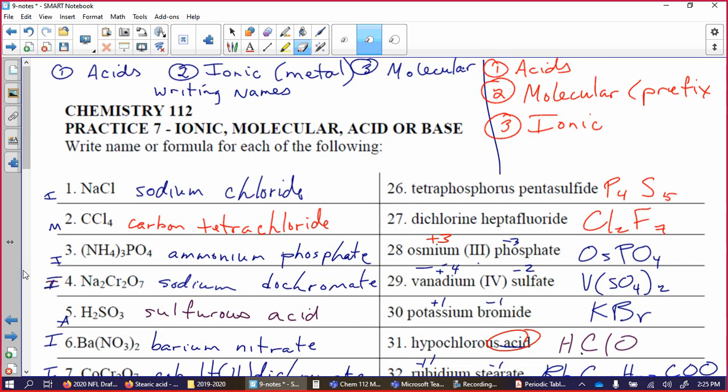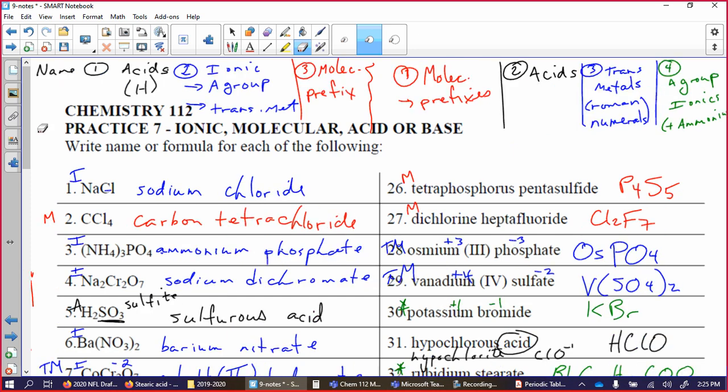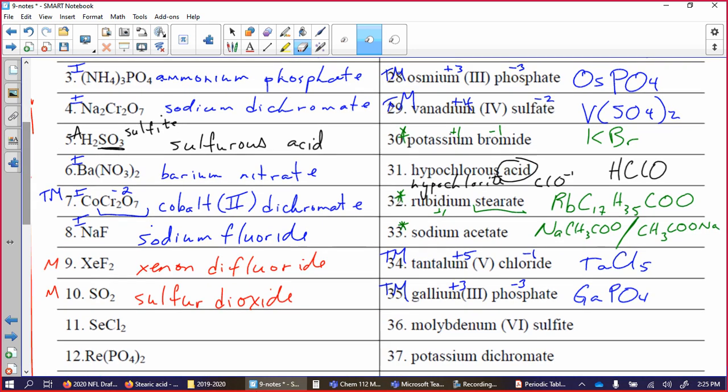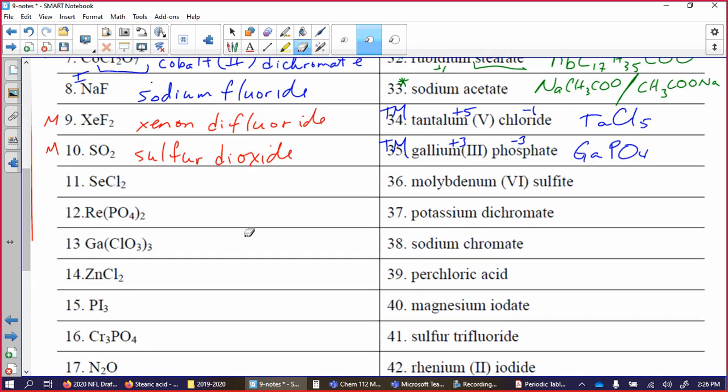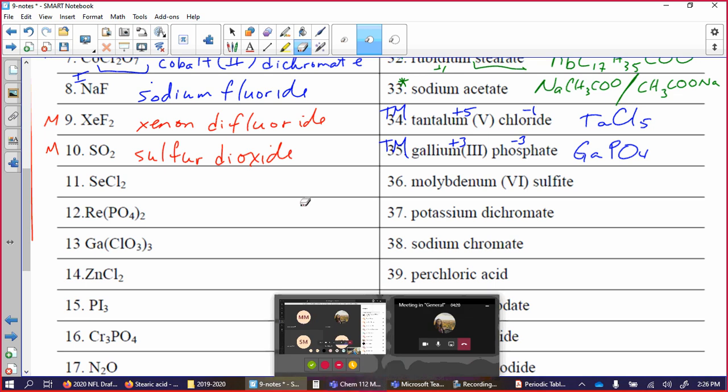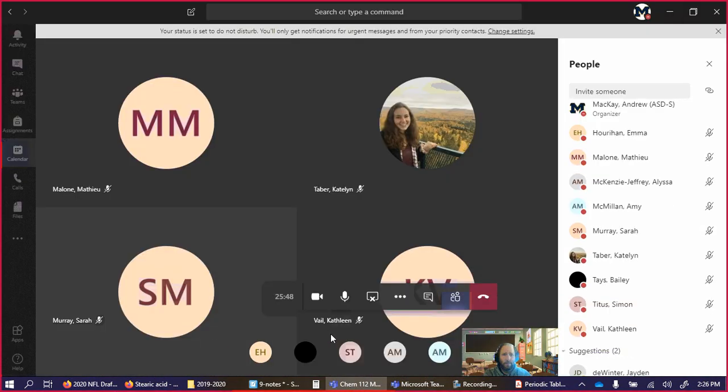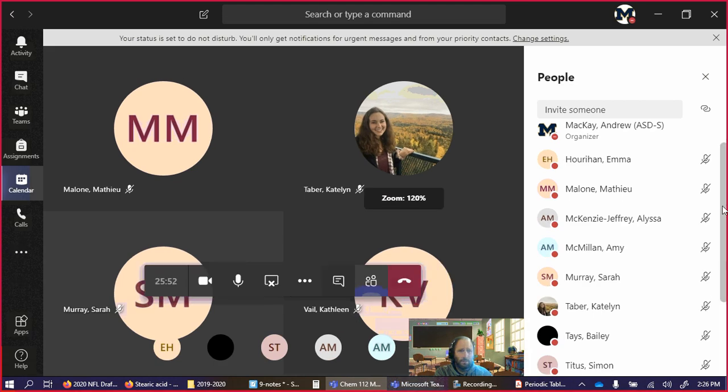The next page is kind of color coded. I would suggest going through these. I'll put answers up.